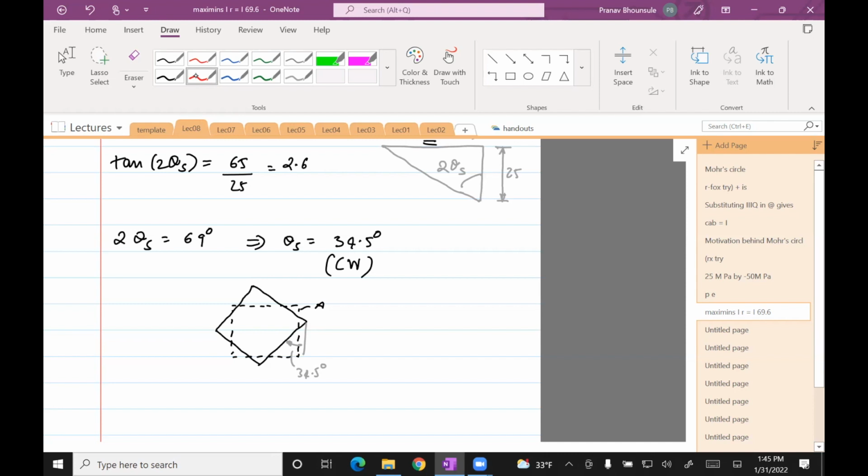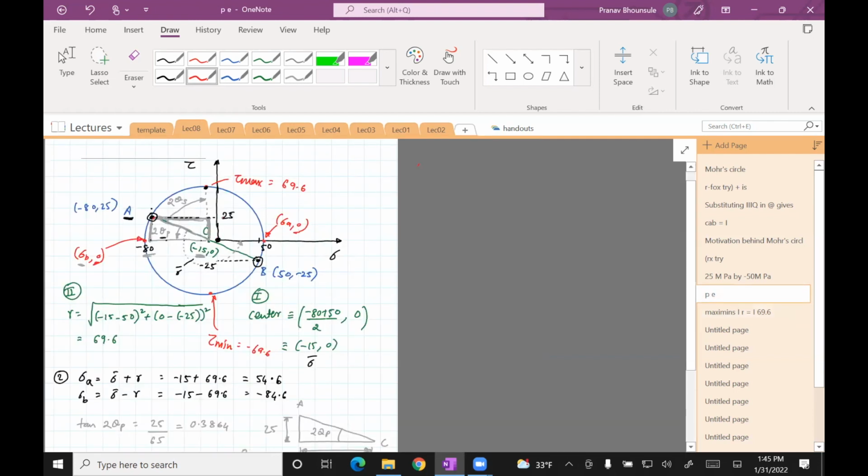That's the easy part. Now the stresses are something we need to go back to the Mohr circle to figure out. So let's go to the Mohr circle. We have already rotated the element, so we are over here.